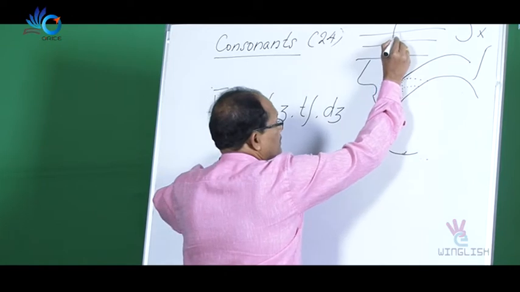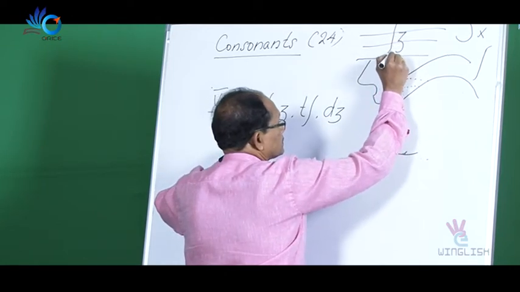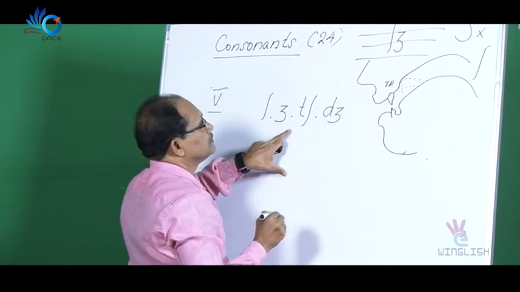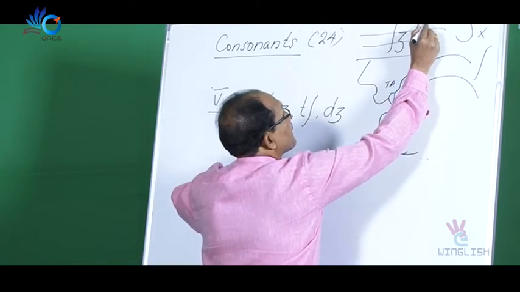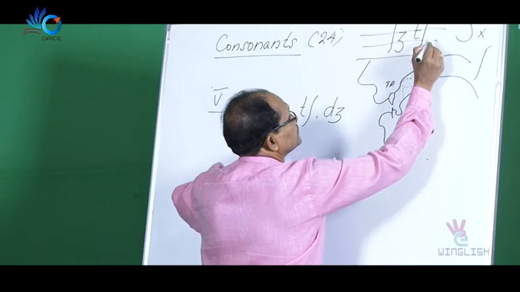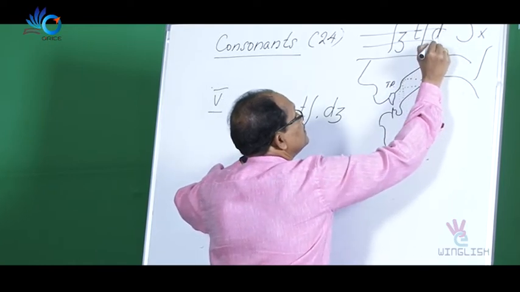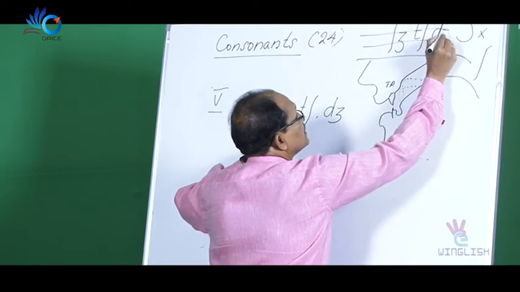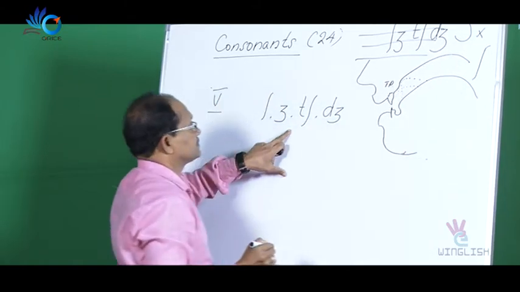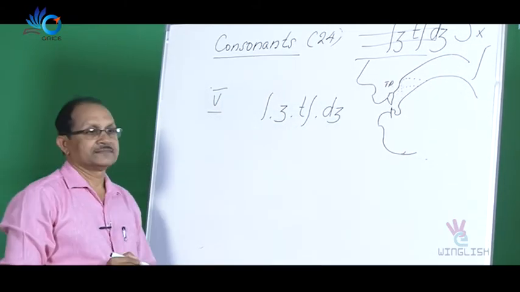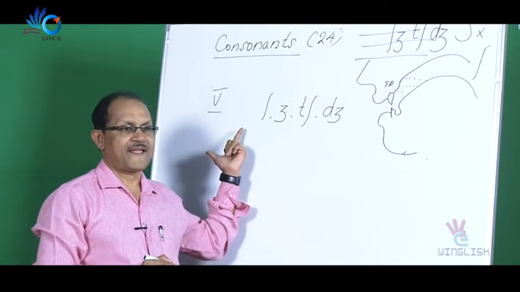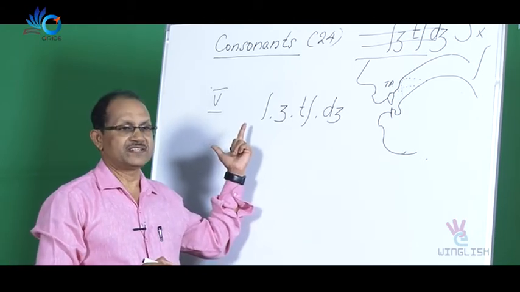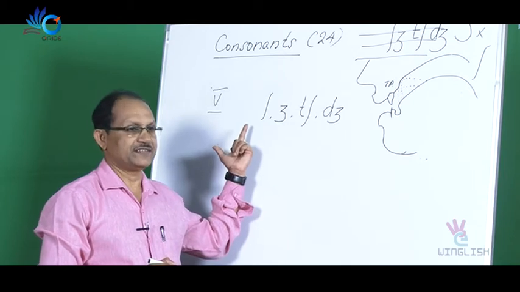Next one, and then D and this symbol. So, sounds: fish, wish, passion, sh.